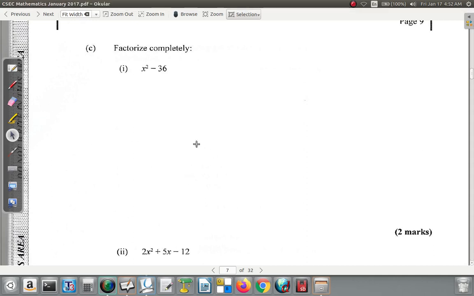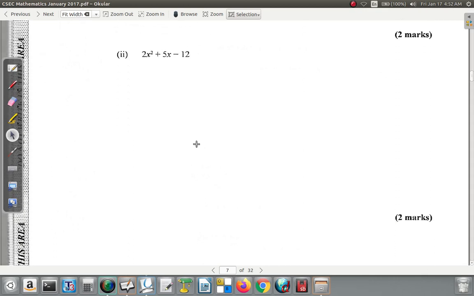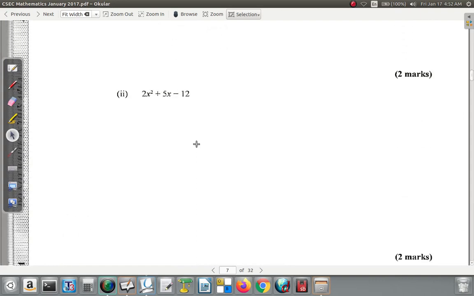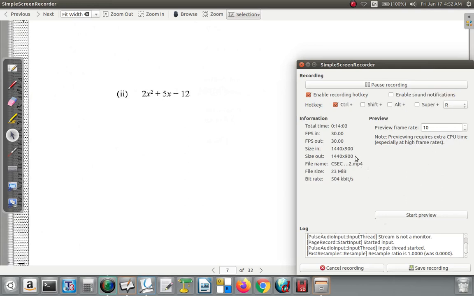Now we're going to look at the second part of part C. Alright, let's just go through it now. Let's just look at it. It's 2x squared plus 5x minus 12. How many minutes have we got?